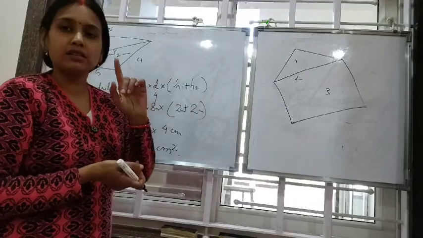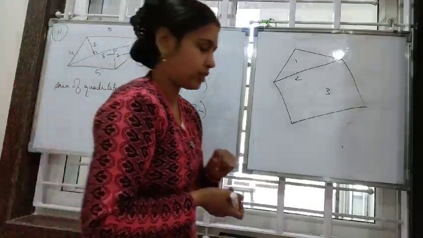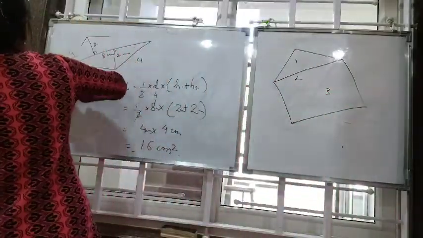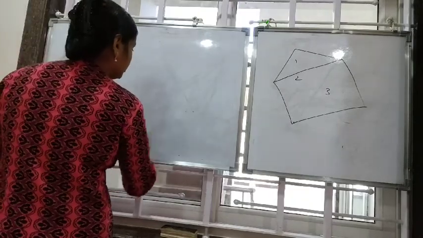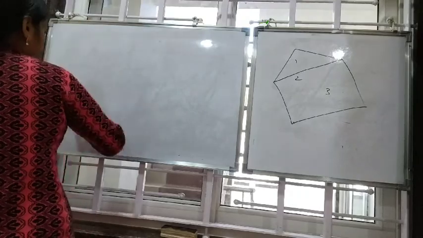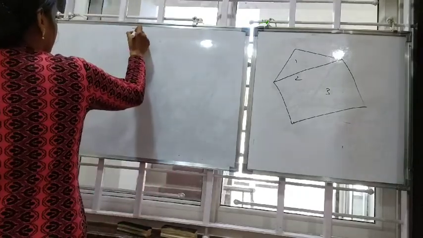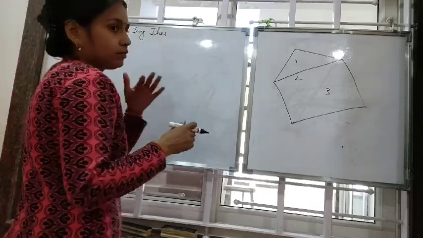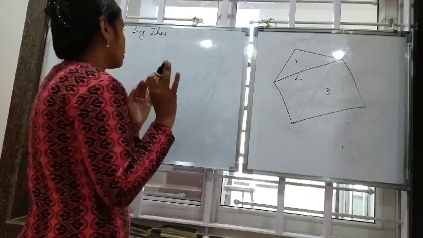Okay, so there is a Try These regarding this. Today we are going to do one question from it. Remember, either you divide it into three different triangles or one triangle and one quadrilateral.